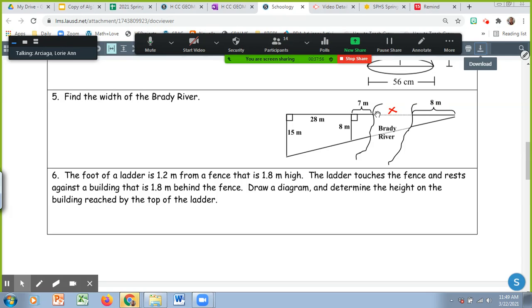So you have to add these up plus X. That's the base. And when you use the base of the bigger triangle, you're going to add 1, 2, 3 segments plus X. So it's going to be something plus X.